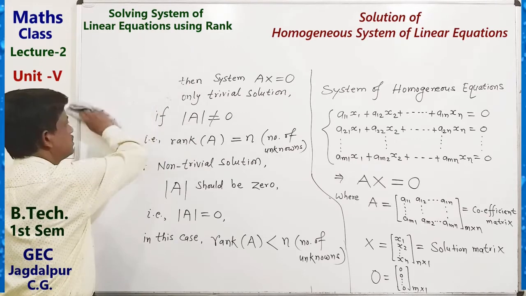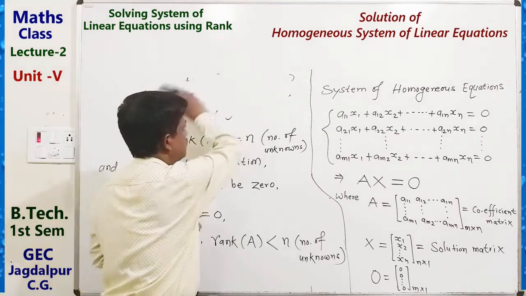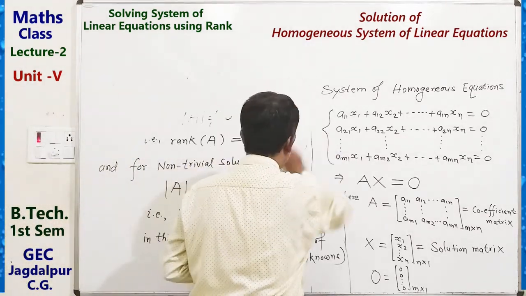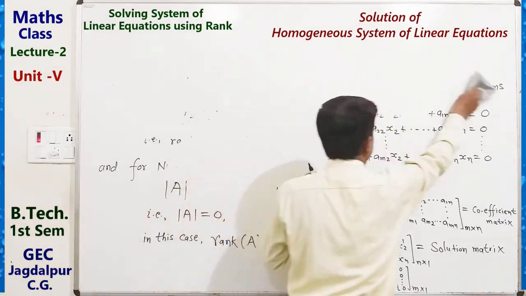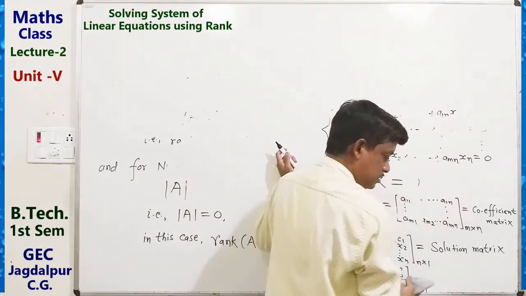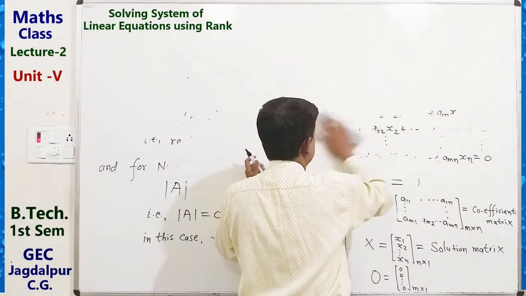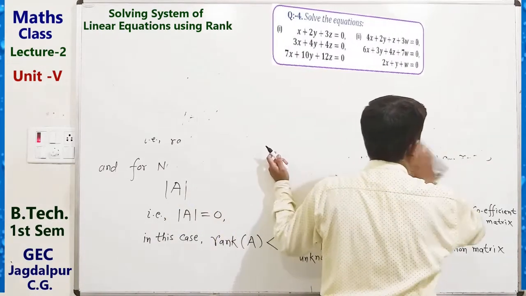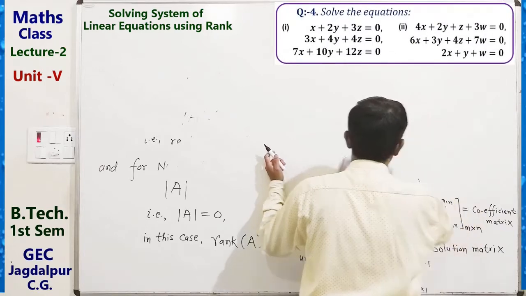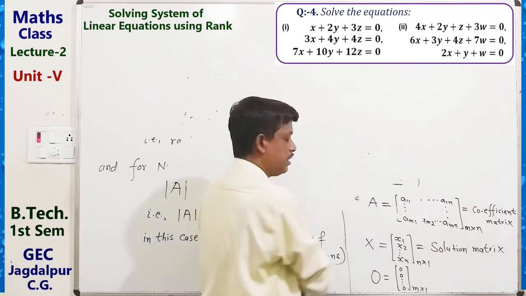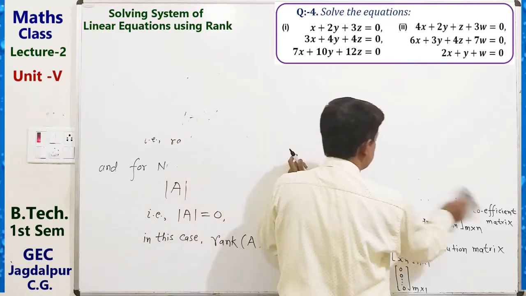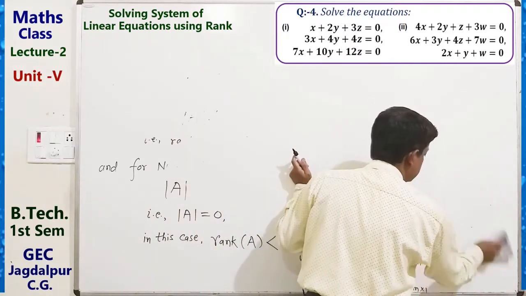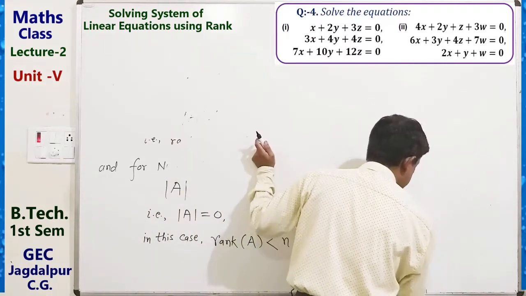On the basis of this, now we have to solve some questions. Okay, so here, take a question: solve the equation. See, first of all, the rank of A and the rank of the augmented matrix in the case of a homogeneous system of equations are always the same, so it is always consistent.